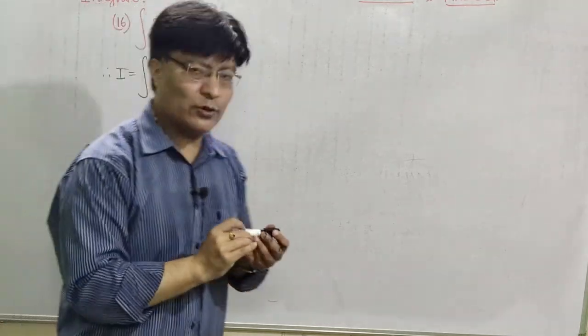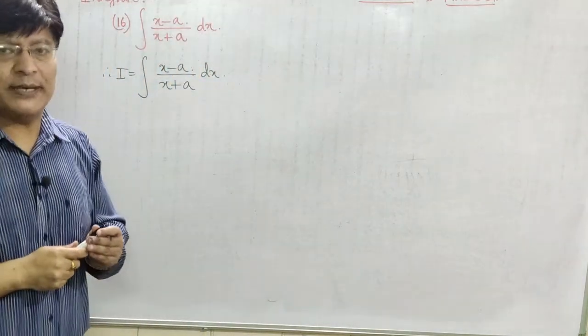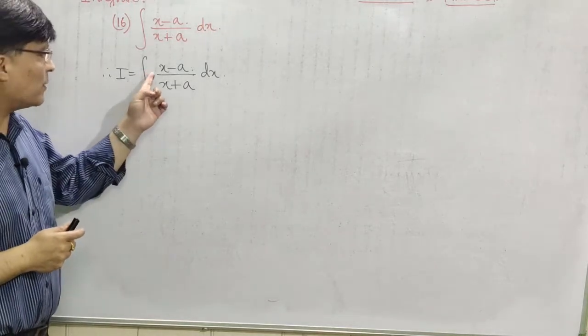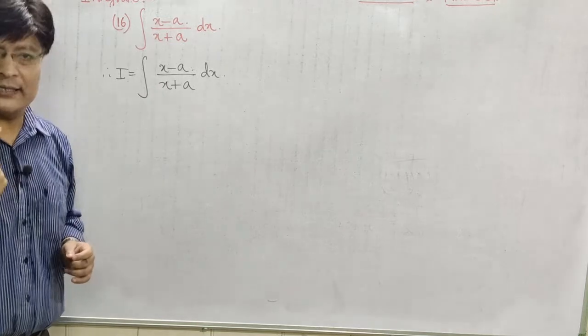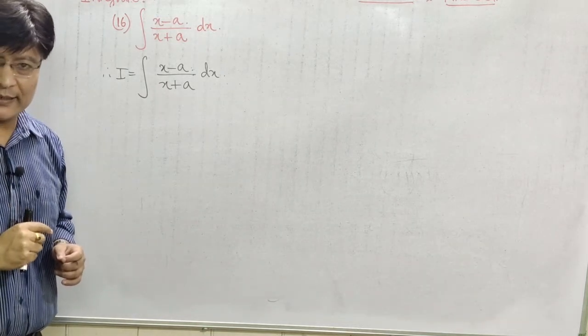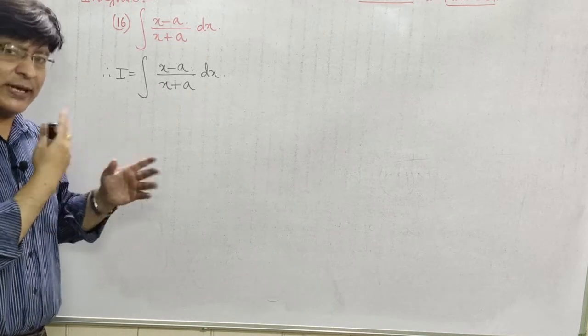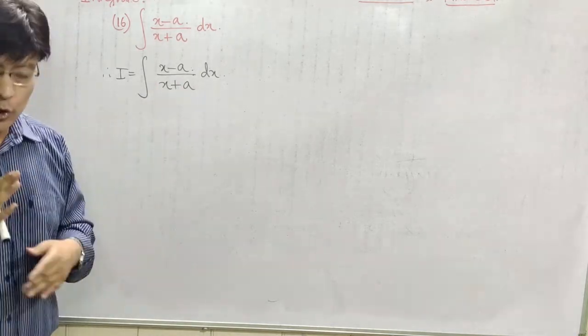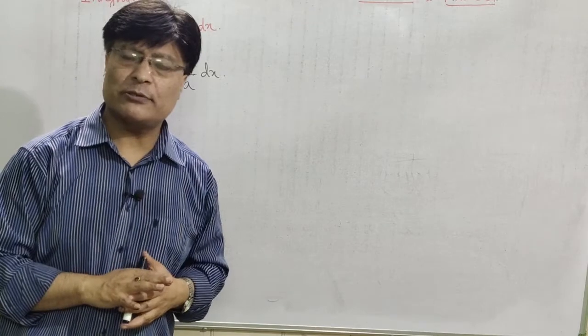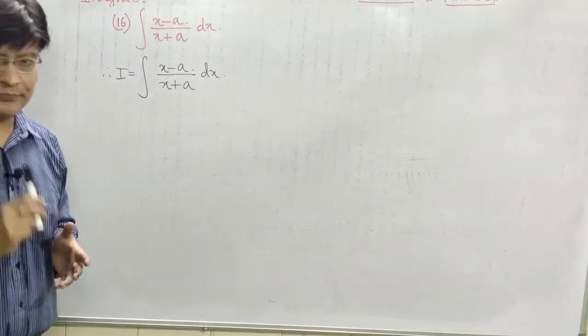Okay? So again I am telling you the method. What is the highest power of x in the numerator? That is 1. What is the highest power of x in the denominator? That is also 1. Is that clear? So in this case also we can do the method of substitution. We can assume this x plus a as z. So without using the method of substitution also you can do this problem.